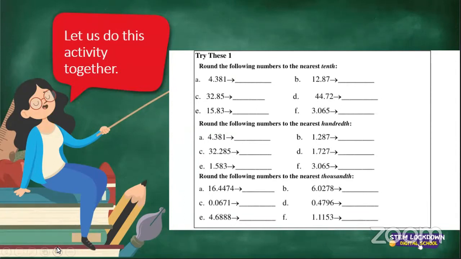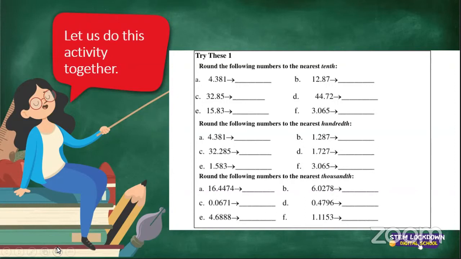We'll start with A, B, and then C, D, E, and F. So you write your answer for A, B, and C. All right, so let's start with A. We are rounding off to the nearest 10. We have 4.381. That is for A.